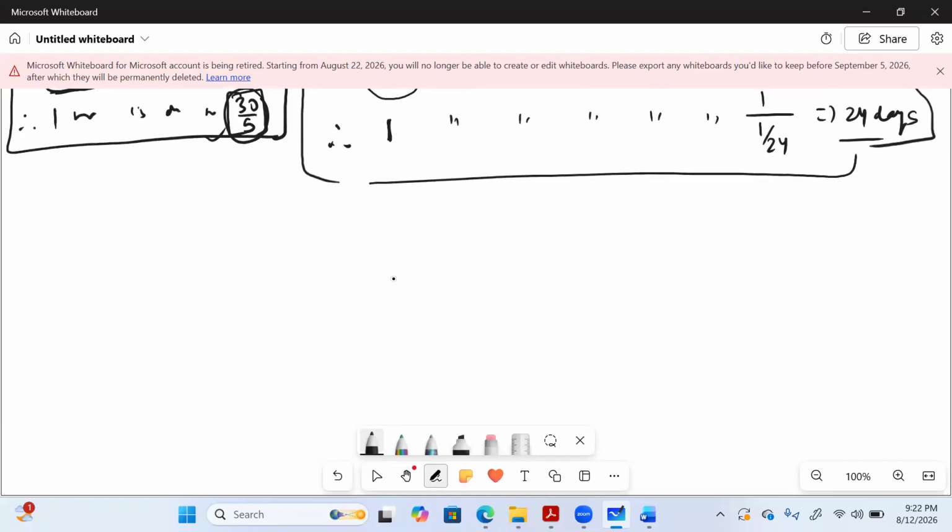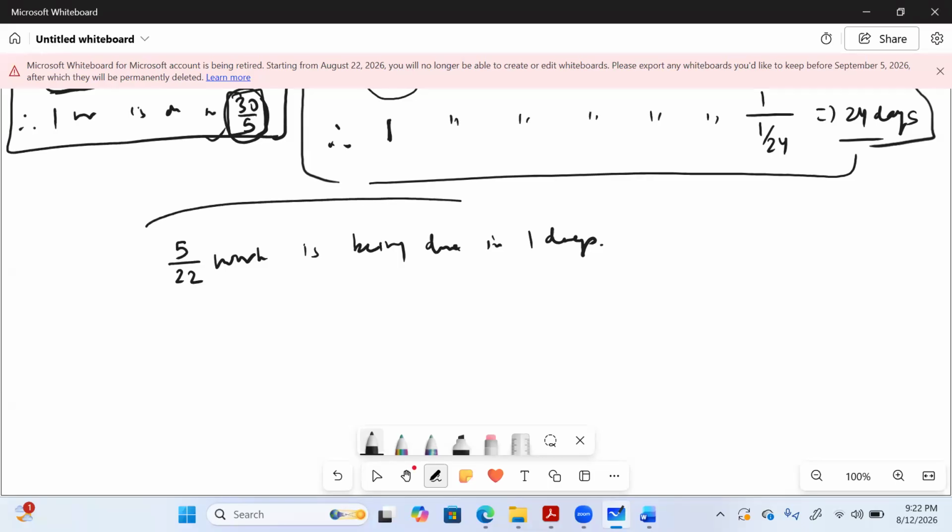If 5 by 22 work is being done in one day, since your textbook or teachers always say just do the inverse, 22 by 5 will be the answer.